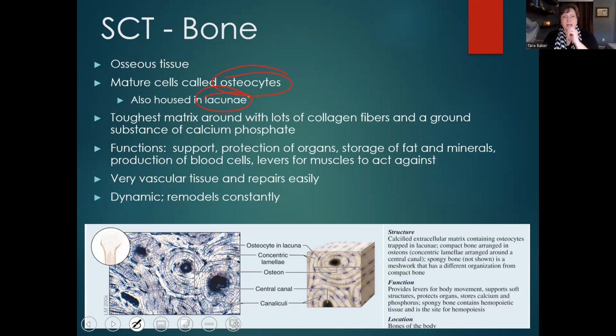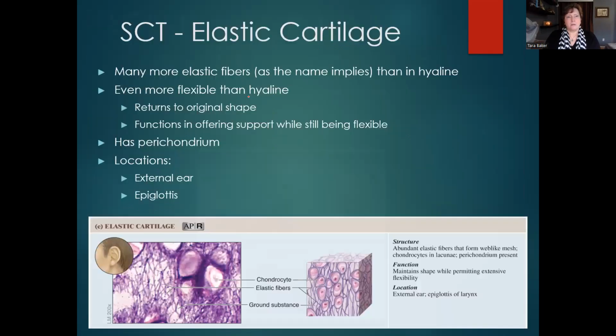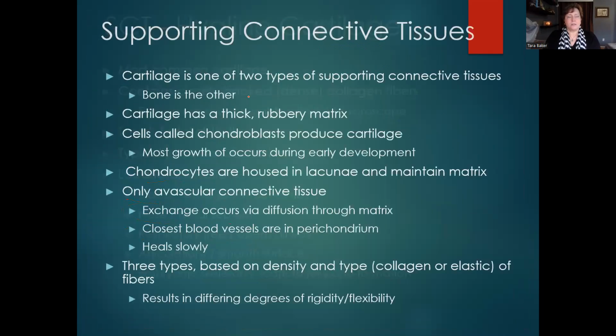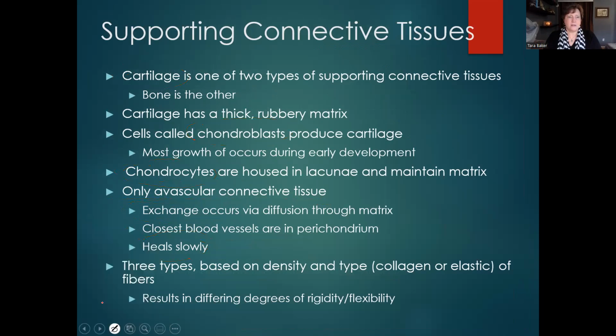Oh, and I made a mistake. So back here, I want to go back. I did it backwards. So let me erase all the ink. Chondroblasts are going to be the cells that ooze out the liquid cartilage.